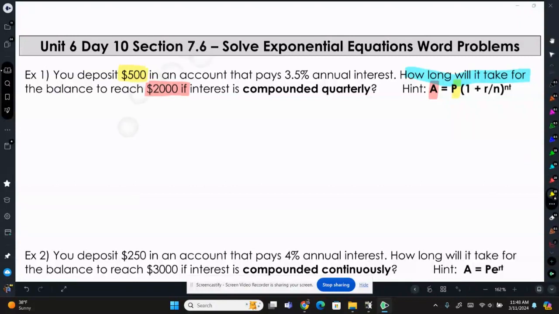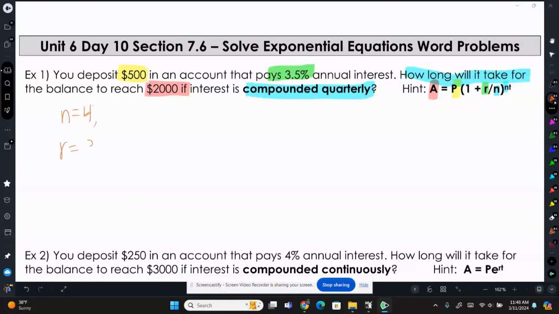We want 3.5% interest. That's going to be our R value once we convert it to a decimal. And then the N value is going to be compounded quarterly, so N is equal to 4.